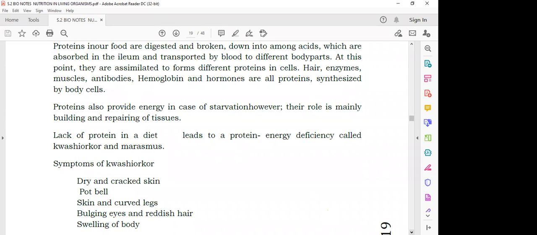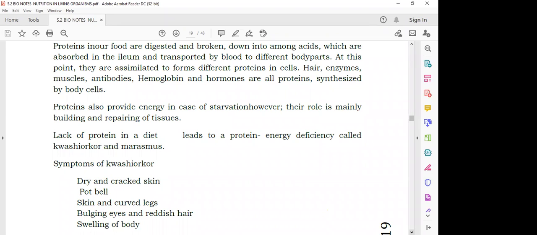Now, remember, the main role of proteins is to build the body. However, somewhere we are saying that proteins can be used to provide energy, especially in case of starvation. Their role is to build and repair body tissues. But in case of starvation, if there is no other source of food, you don't have carbohydrates or fats, and proteins are there, the body can resort to using the proteins to provide energy.